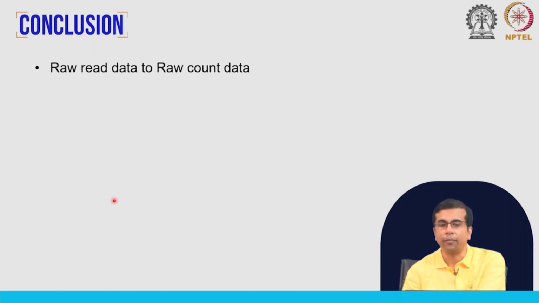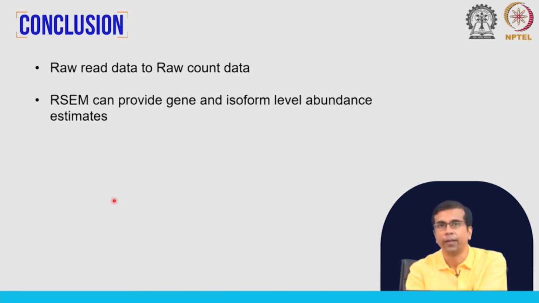Some of the tools can deal with this. For example, RSEM, which we have discussed, can provide gene and isoform level abundance estimates. It utilizes something called the expectation maximization algorithm. Again, without going into a lot of detail, it fits a model and tries to generate a maximum likelihood estimate from the data. There are other tools that do very similar work, for example IsoEM, which can also give you isoform level abundance estimates.